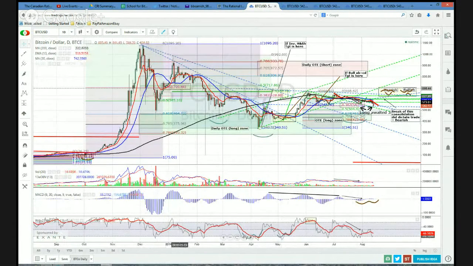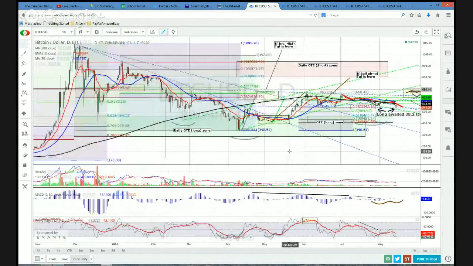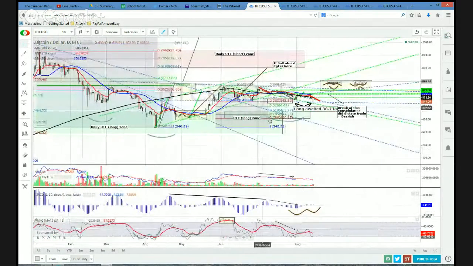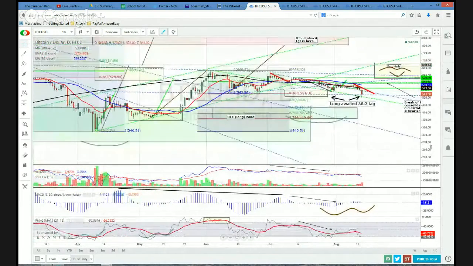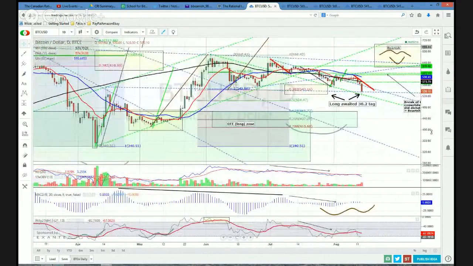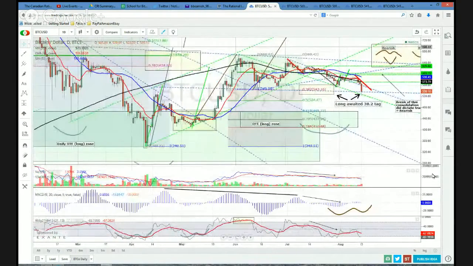So not a big surprise anytime it sort of zipped down into that area. We sort of got rejected. Sad part about it is, we could very easily go right back down into this range here. Wouldn't surprise me one bit. And that's sort of the yearly picture, really big picture.